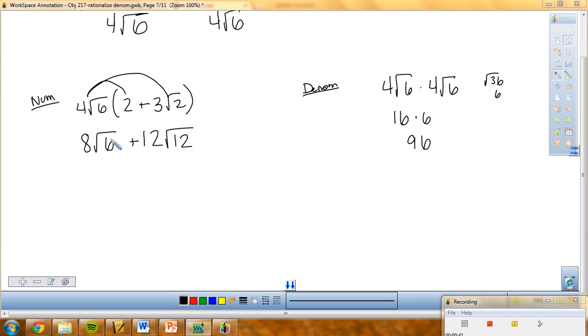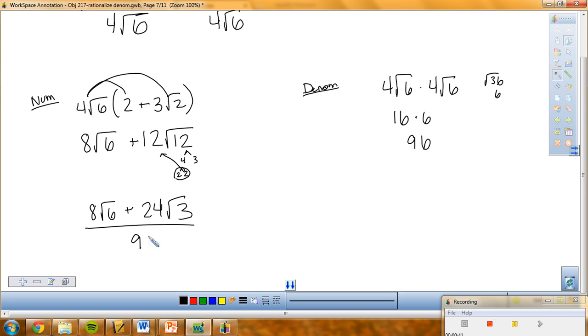Maybe you want to simplify your radicals first. So I have radical 6 over here. I know that I can't break that up, but radical 12 is going to become 4 and 3, and 2 and 2, so that I can pull out in front. So this is going to be 8 radical 6, and 12 times 2 is 24 radical 3.